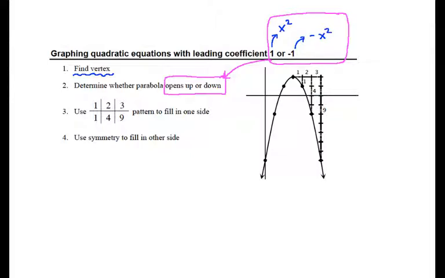Here's what that means. On the graph of y equals x squared, it has vertex at the origin, and then it passes through these 3 points.